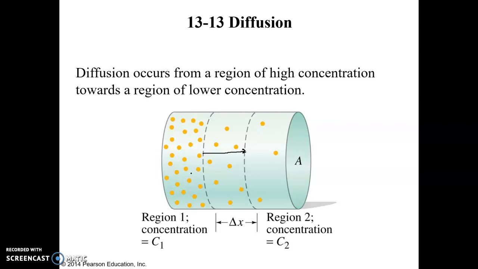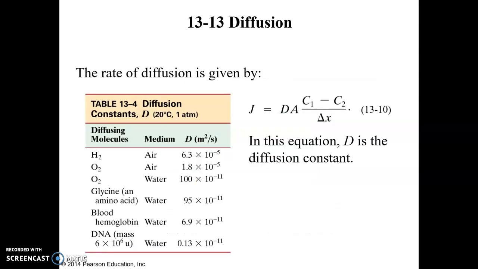And so if we imagine these particles being in some sort of a tube or duct with a cross-sectional area, and that they're moving along its length some distance x, and we have region 1 here with a certain concentration, and region 2 with another concentration, we can come up with a formula to describe how quickly those molecules will diffuse and become evenly distributed.